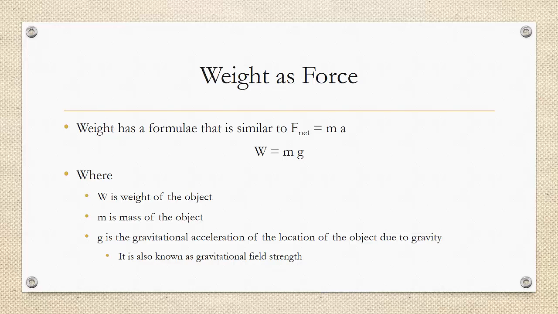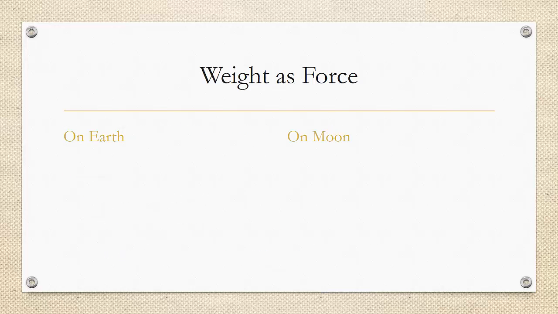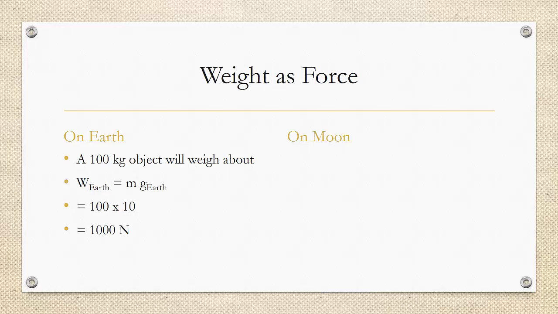So how do we find the weight of an object on Earth and on the Moon? A 100 kilogram object would weigh, on Earth, mass times gravitational acceleration on Earth, which equals 100 multiplied by 10, and the answer is 1000 Newton.